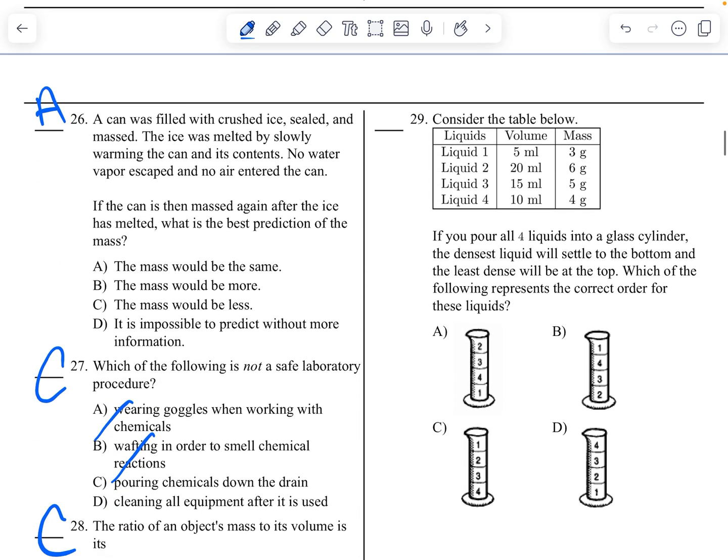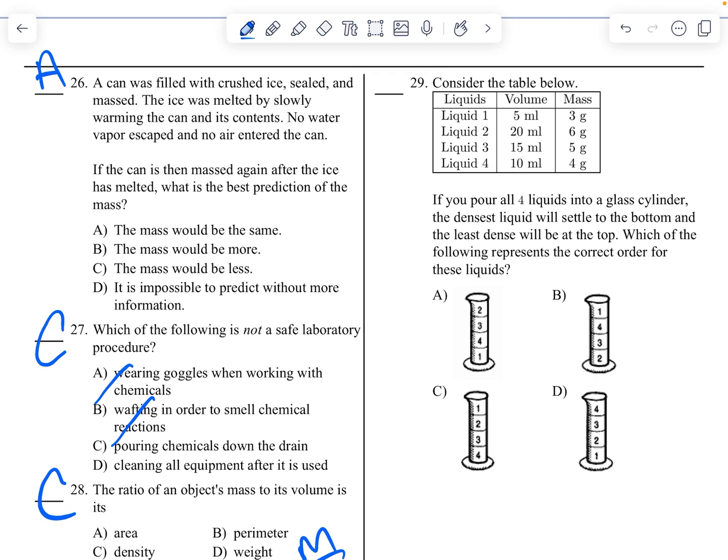Number 29, consider the liquids. If you pour all 4 liquids into a glass cylinder, the densest liquid will settle to the bottom and the least will be at the top. Okay, wow, they even tell you that most dense will be at the bottom. So it looks like we need to calculate density for those. Mass divided by volume, we have 3 divided by 5, so this first one is 0.6. 6 divided by 20 is 0.3. 5 divided by 15 is 0.3 repeating.